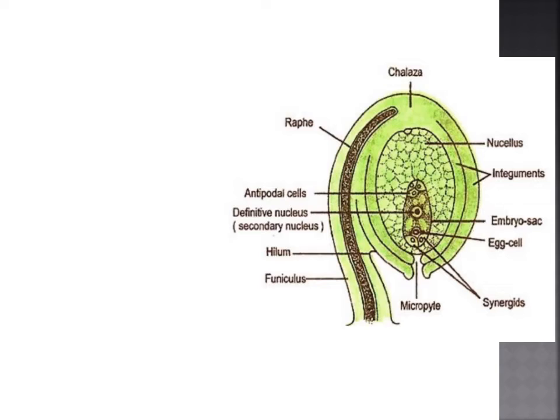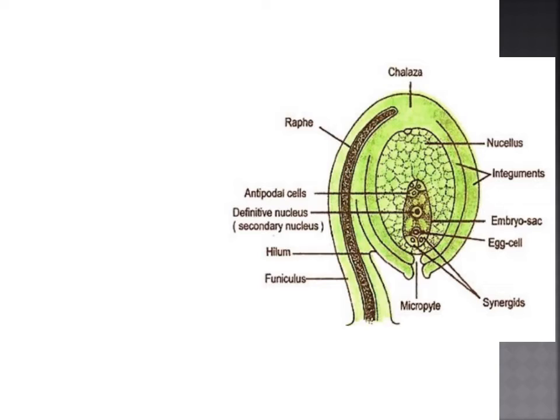The small opening present at the tip of the ovule is known as micropyle, or that end is known as micropylar end. Two protective layers are present. Those protective layers are known as integuments. Within the integuments and embryo sac, a few cells are present. Those cells are known as nucellus.